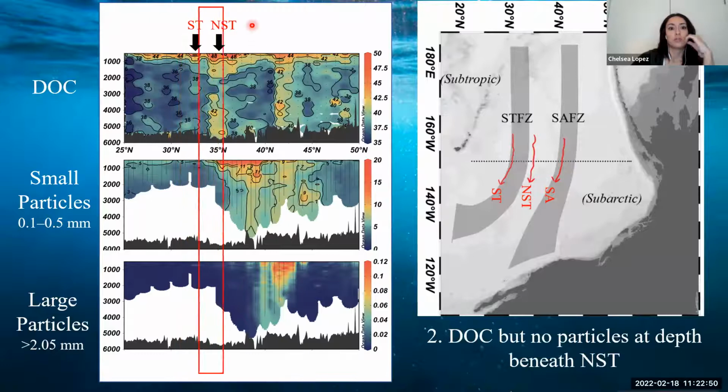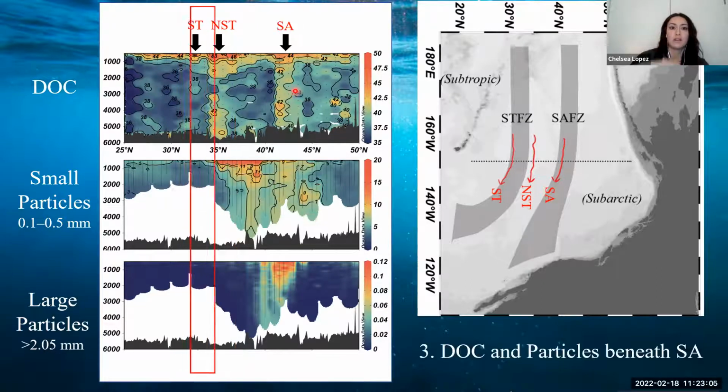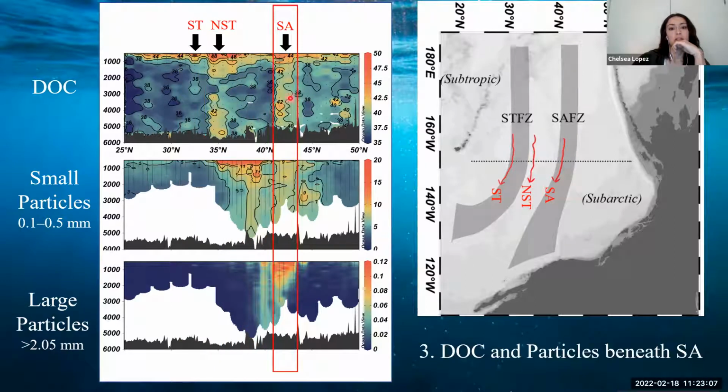If you move to the northern subtropical front, you can see there's a very significant enrichment in DOC. And then small particles, there's some here, but it's not making it down to depth from what you can see. Then the subarctic front has the enrichment in DOC here as well, an enrichment in small particles, and an enrichment in large particles.